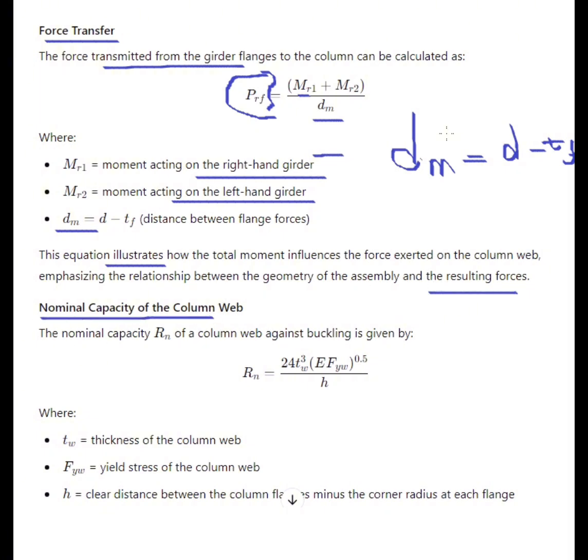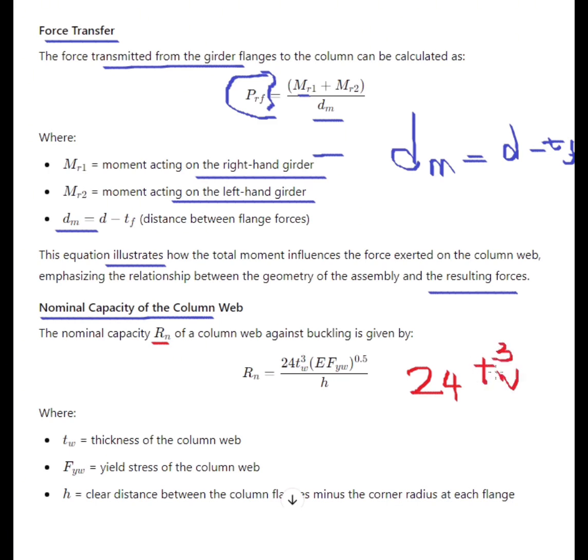Then we can check the nominal capacity of the column. The nominal capacity Rn of the column web against buckling is given by 24 times tw cubed times the square root of E times Fyw, divided by h.